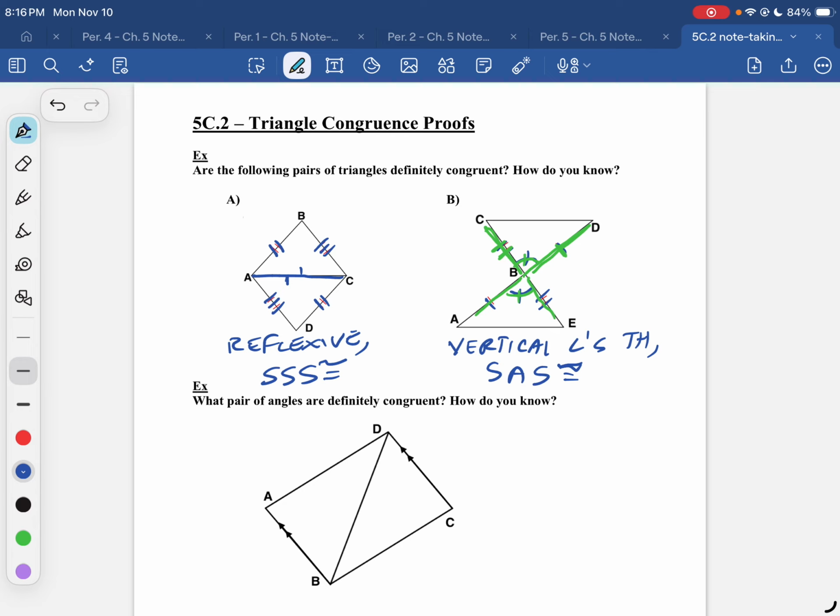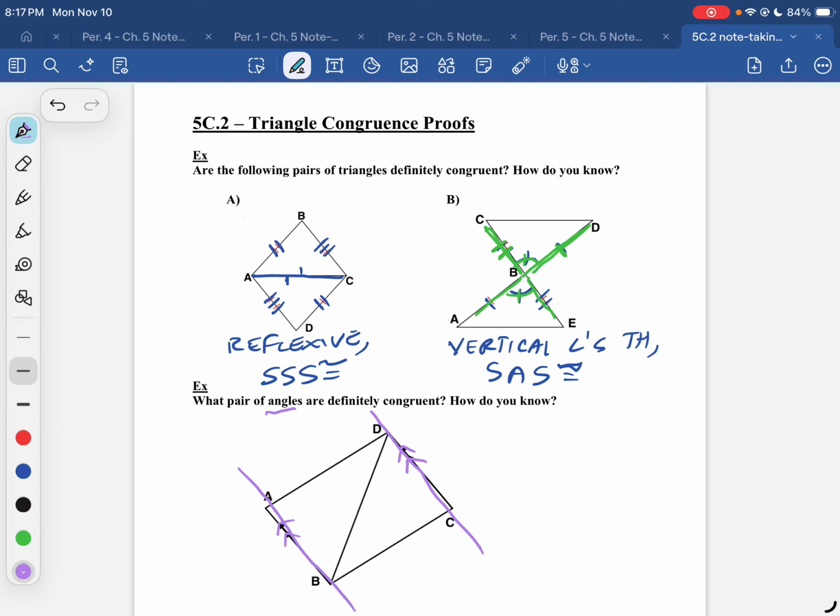Okay, on the next one, it's pretty small here, but I've got these parallel sides, and that's going to be the key to this problem. I could use the reflexive property again because I have that shared side in the middle, but this is asking what pair of angles are congruent. So I'm going to think of the two parallel sides as lines like that.